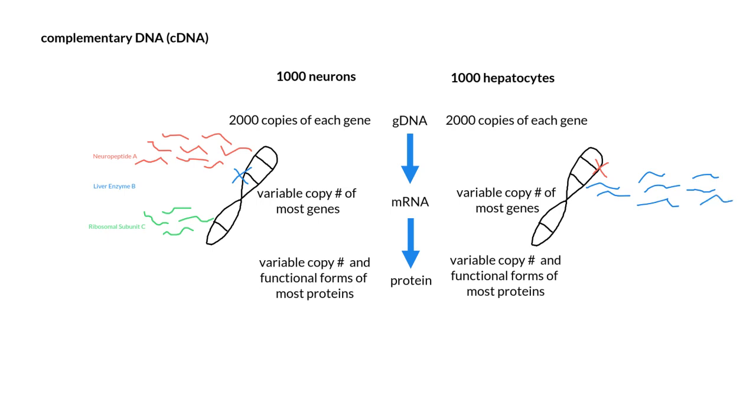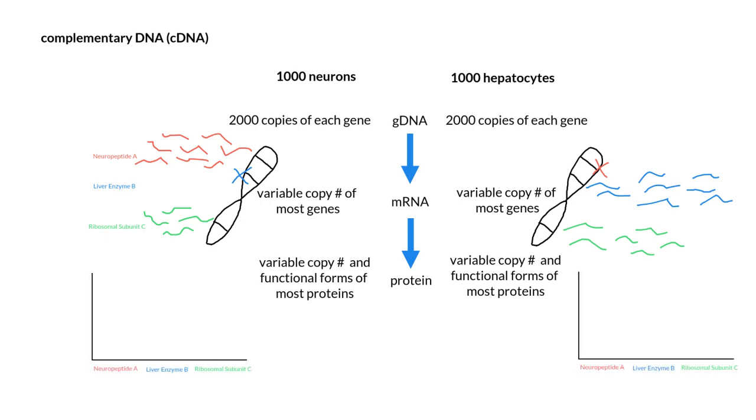And again, you see some expression of ribosomal subunit C because translation is taking place in those cells as well. What the graphical display of gene expression is going to be in these two samples is very high expression of neuropeptide A on the left case, very low to zero expression of neuropeptide A on the right here in our liver cells.